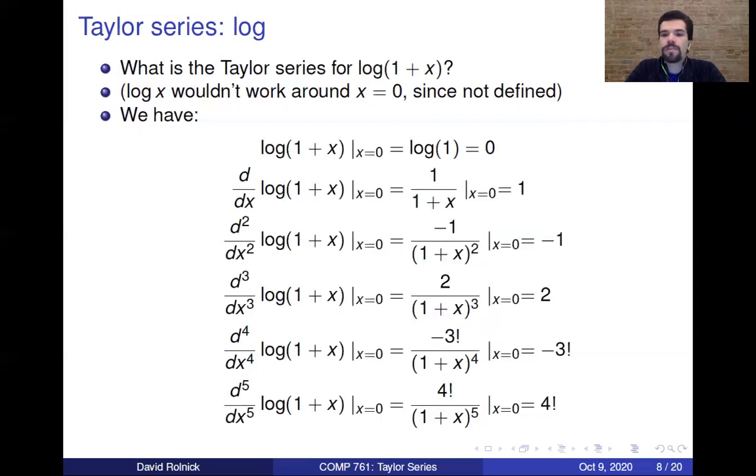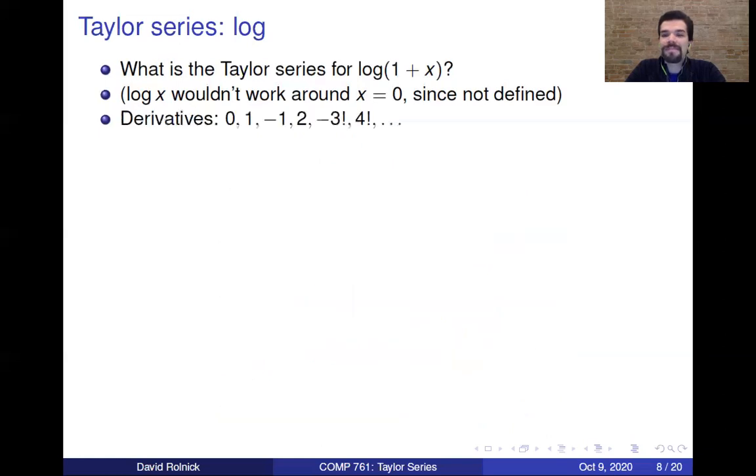Be careful with your indexing. The factorials are not necessarily synced up with the factorials in the denominators.